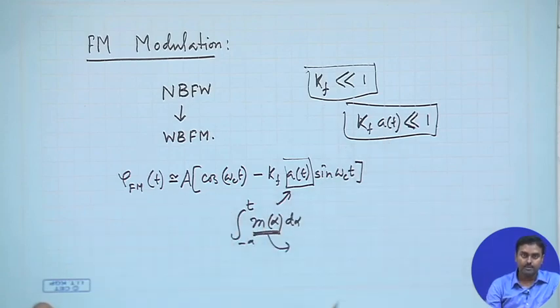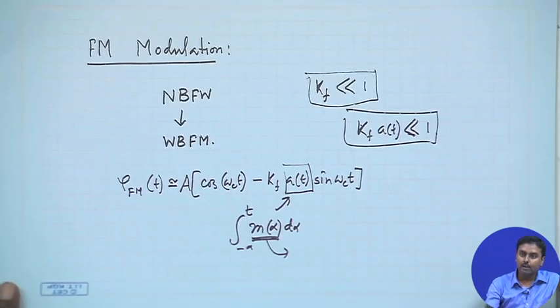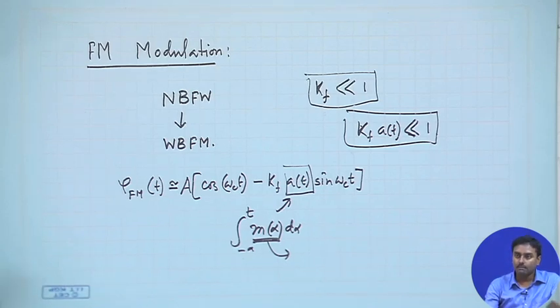So, we get this, and then we have seen that narrowband FM modulation looks very simple. It is almost like our DSB-SC or amplitude modulation, where you multiply this with this.